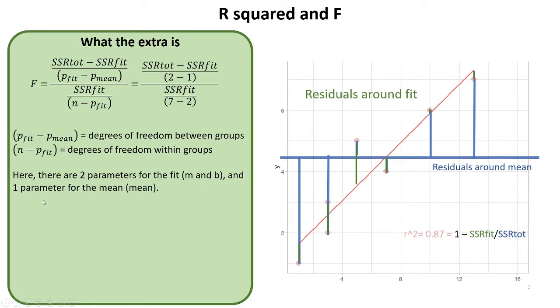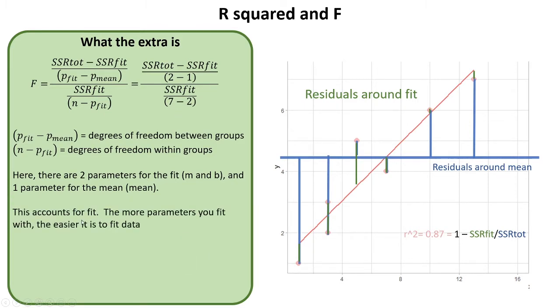And there's one parameter in the mean, which is the mean. So this will end up being 2 for the slope and the slope-intercept, and this is 1 for the mean. Down here, n is the total number of points, 1, 2, 3, 4, 5, 6, 7. And p-fit, again, is 2, because that's the number of parameters that are in the model that we're using. So that is p-fit.